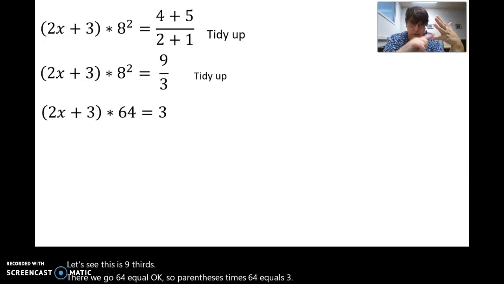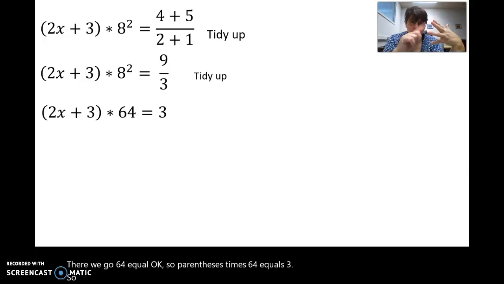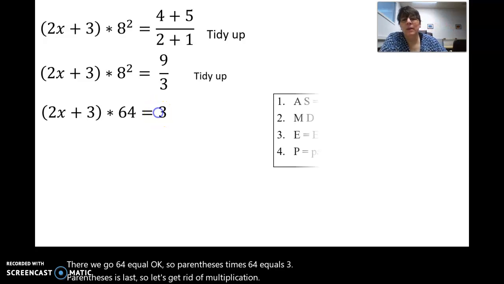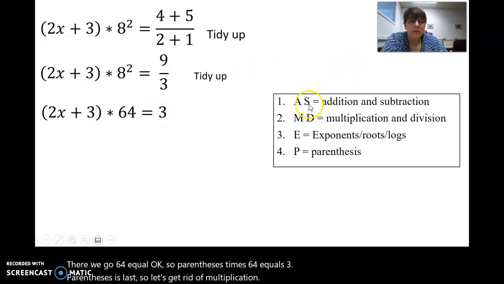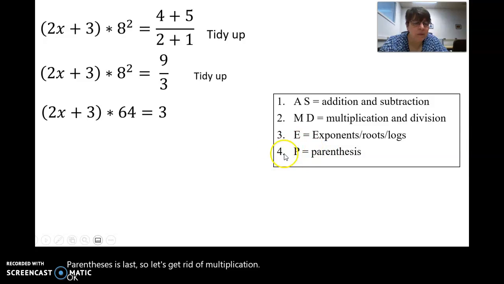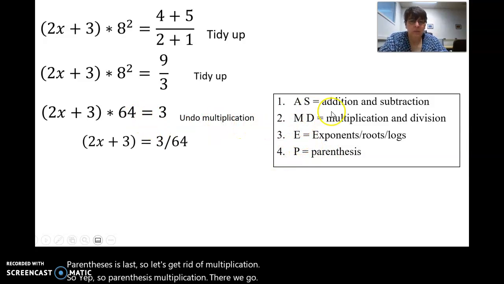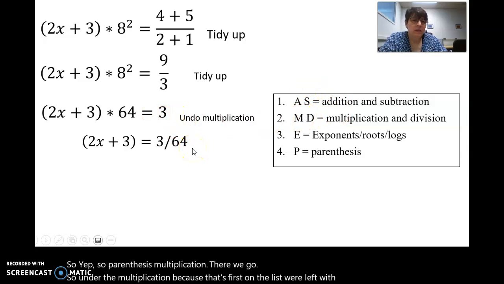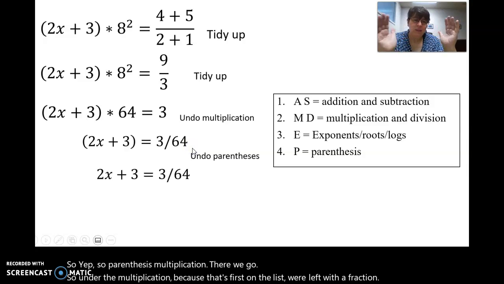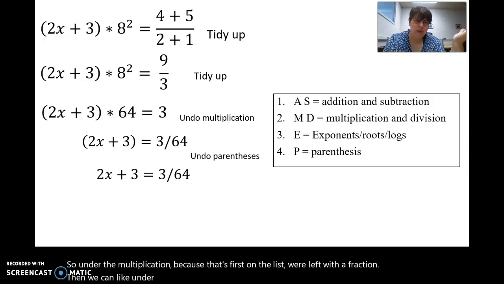Okay, so parentheses is last, so let's get rid of multiplication. So, parentheses, multiplication, there we go. So we undo the multiplication because that's first on the list. We're left with a fraction. Then we can undo the parentheses, which just is a matter of taking it off.